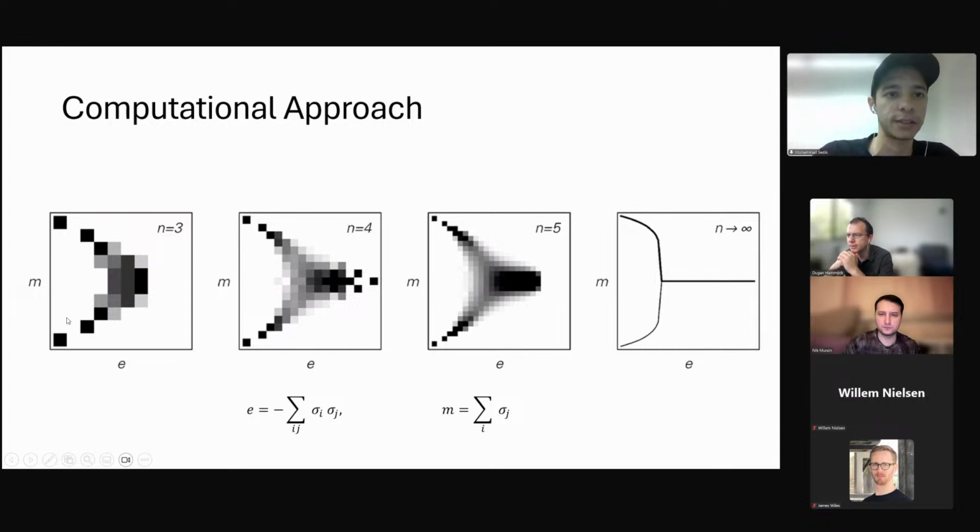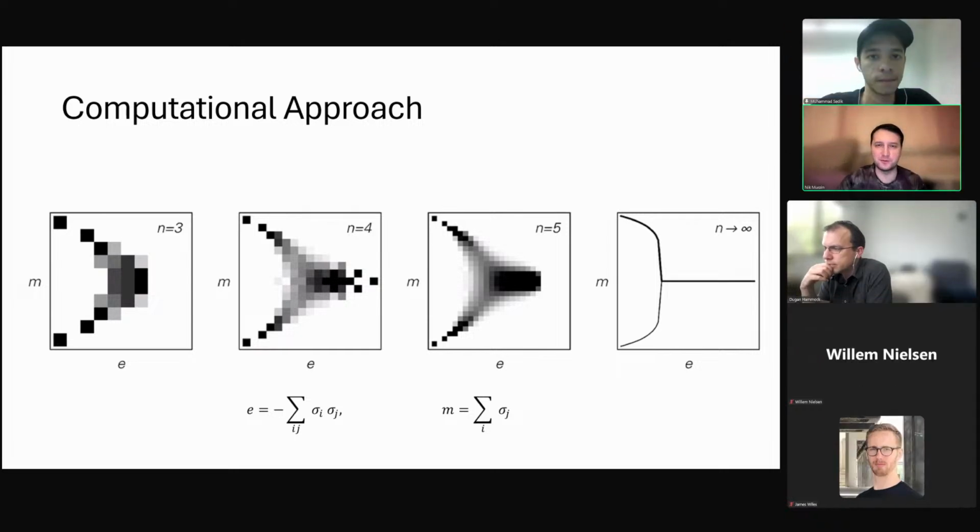This is a two-dimensional histogram plot of microstates, and each microstate has two attributes, and you aggregate them. You simply enumerate all the spin chains, and for every possible spin chain you compute the energy and magnetization, and just plot them.